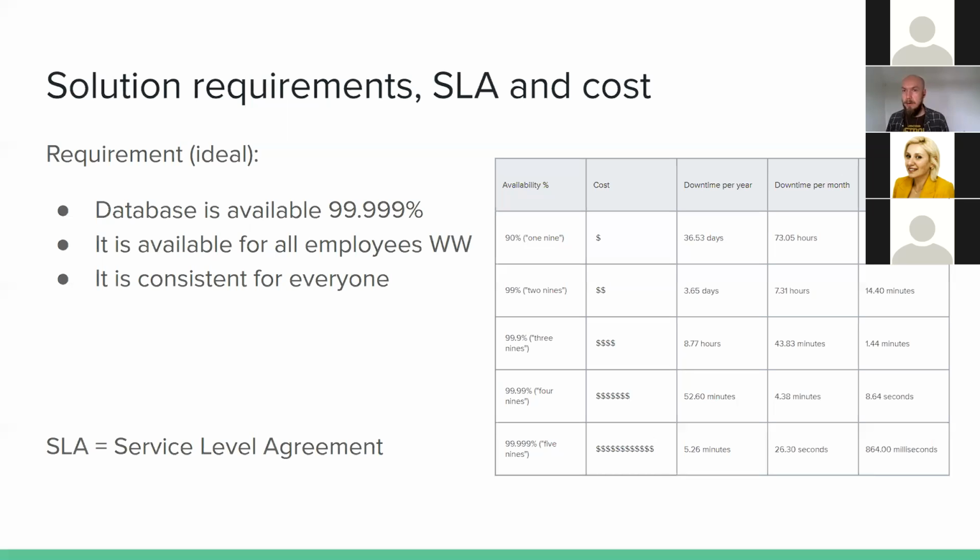And let's talk about SLA a little bit. On the table on the right, you can see the concept of SLA nines. Nines means percentage: how much time per year, per month, per day data is available. 90% of the time, 99% of the time, 99.9, so 3 nines.